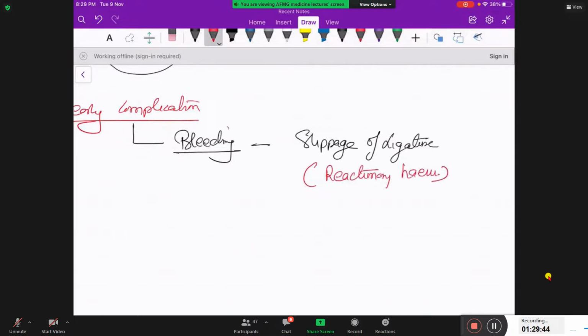And patient won't come to you saying that your ligature got slipped.